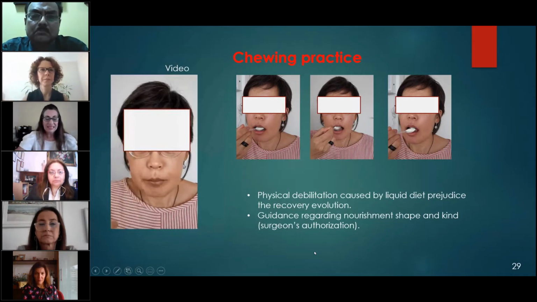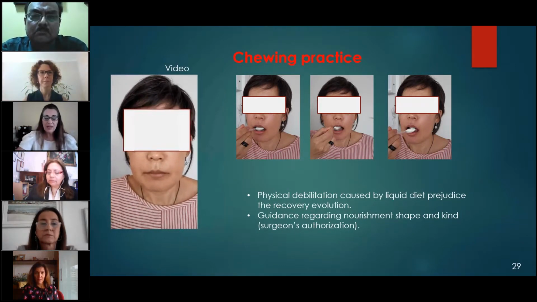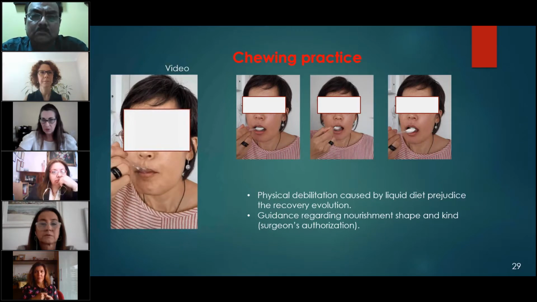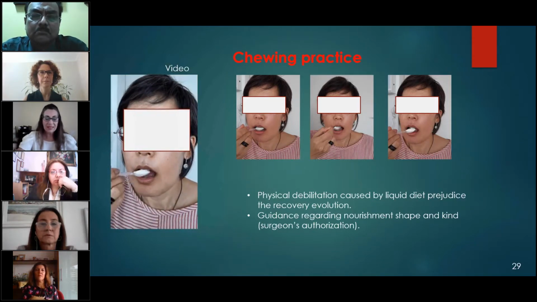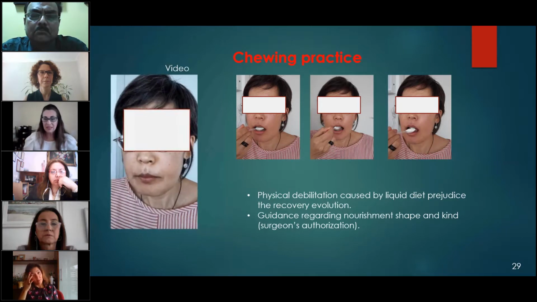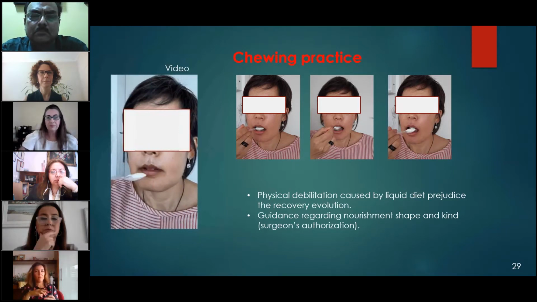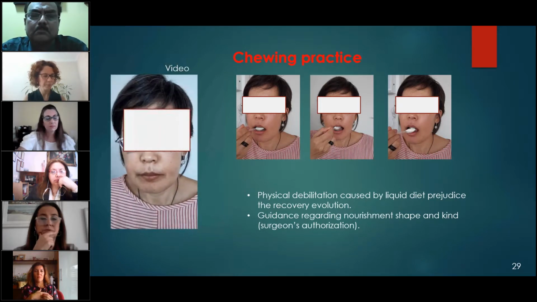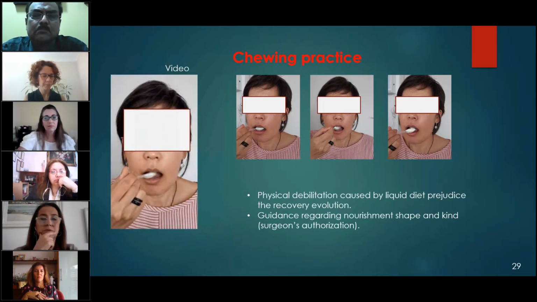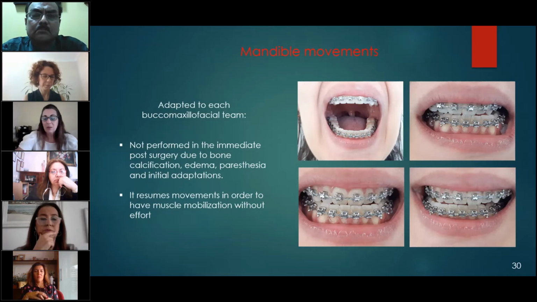The guidance is not only about what type of food, but also the form of feeding, less time and quantity. I have to adapt to each surgical team and thereby personalize the speech therapy.